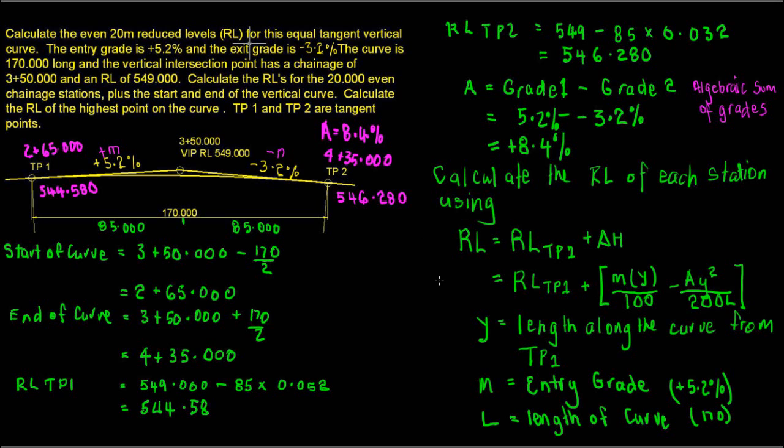Now the RL is equal to the RL of TP1 plus the increase in height, delta H. We have a formula for delta H, which is my over 100 minus ay squared over 200L, where m is the initial gradient, the entry grade of 5.2, y is the length along the curve from TP1, and L is the length of the curve, in this case 170 meters.